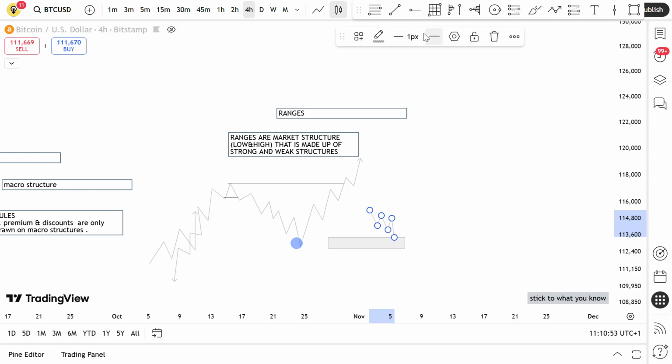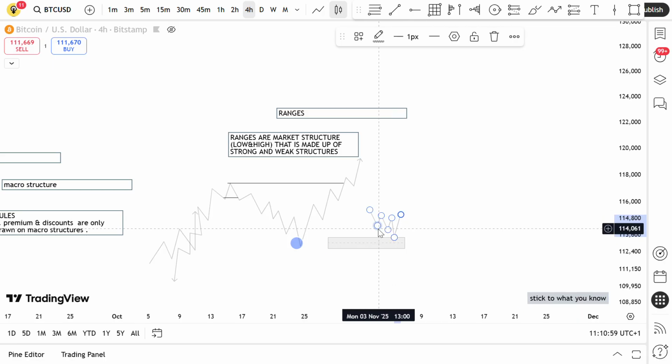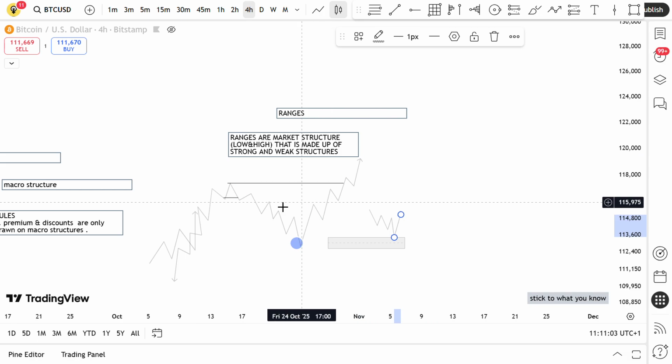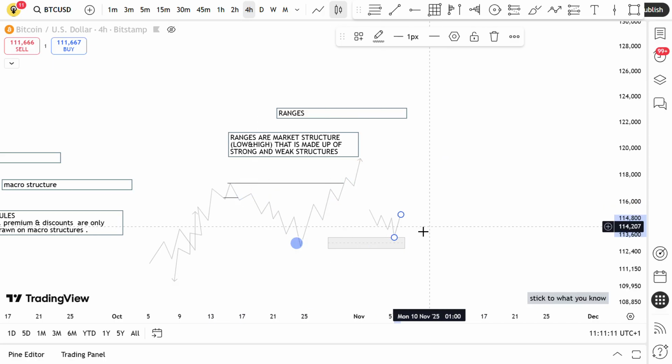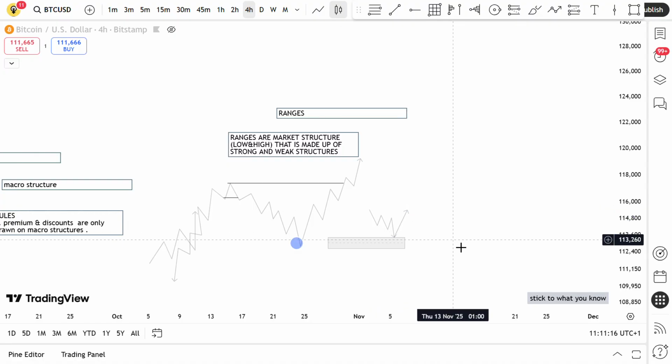What happens there? It's actually a strong low once here gets broken. It does exactly that: takes out liquidity, creates a high. This thing takes out liquidity, doesn't create a high, so it instead becomes a weak low. So you have this liquidity creates a high.